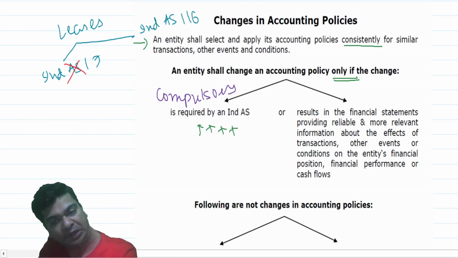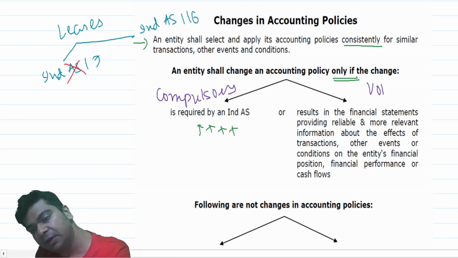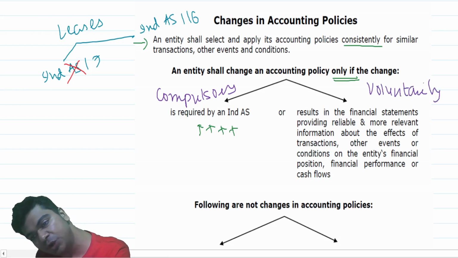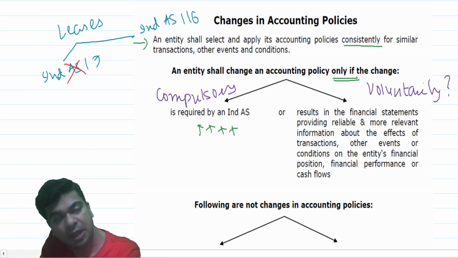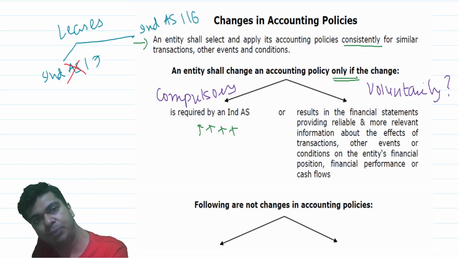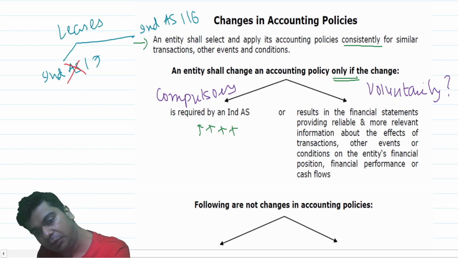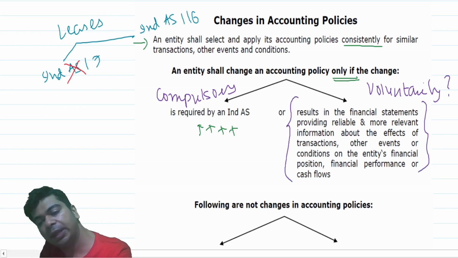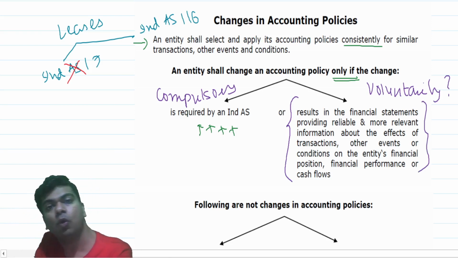Can an accounting policy be changed voluntarily? Right, let's say the change is not required by the Ind AS, but can I voluntarily change my accounting policy? It is possible to voluntarily change your accounting policy if what is given over here is getting fulfilled. Why will I change an accounting policy voluntarily?